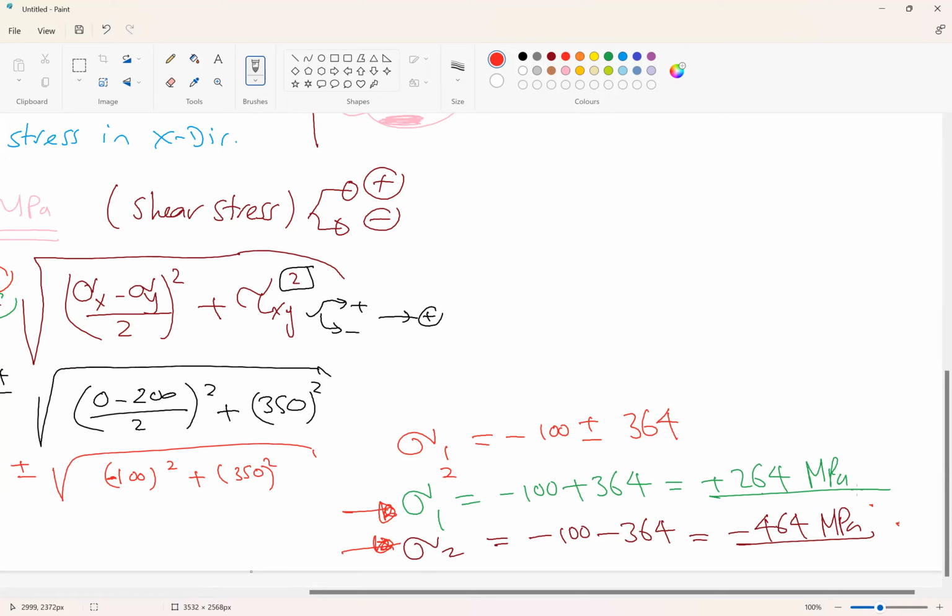So the principal stresses for this element are positive 264 MPa and negative 464 MPa.